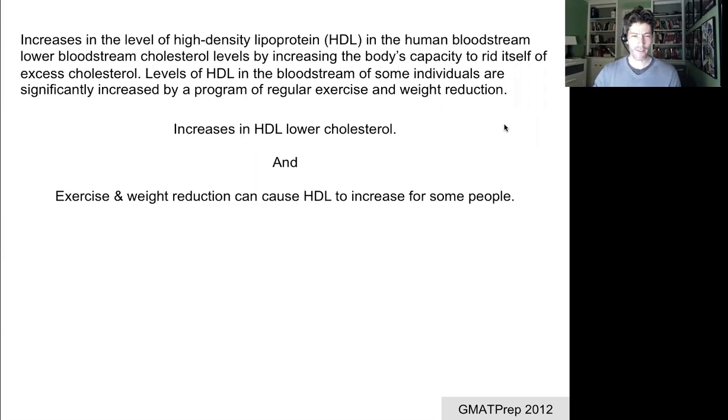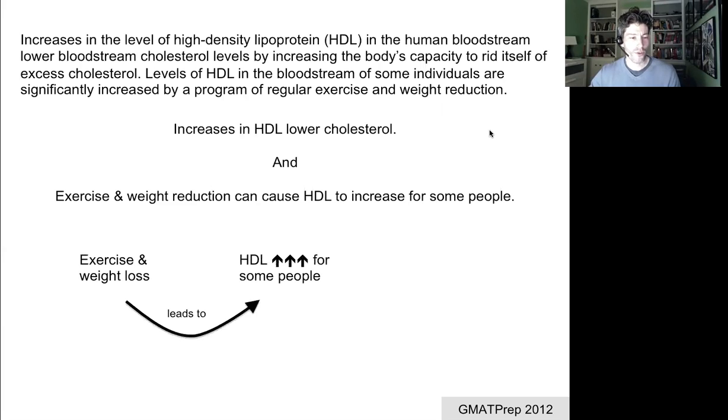And let's now situate those in a causal chain. So first, we've got exercise and weight loss, and that leads to an increase in HDL for some people, and then that leads to, I guess, lowering of cholesterol.